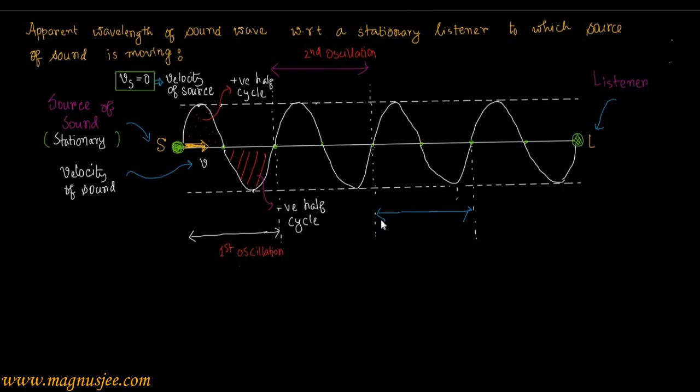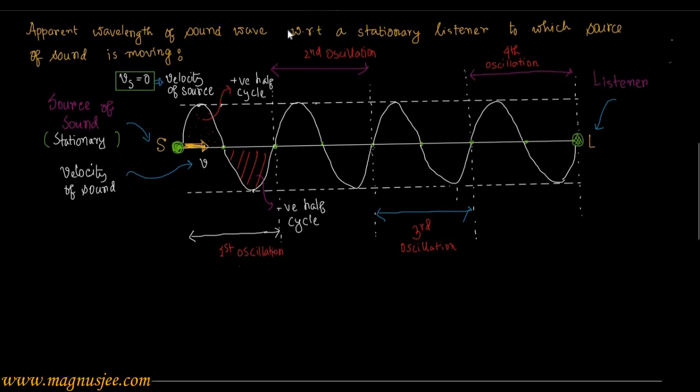Also, you can denote the third and fourth oscillation. This is the third oscillation of the sound wave, and this is the last, the fourth oscillation. The sound wave completes these four oscillations in 1 second.